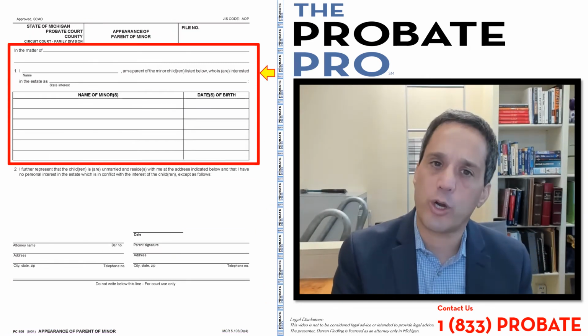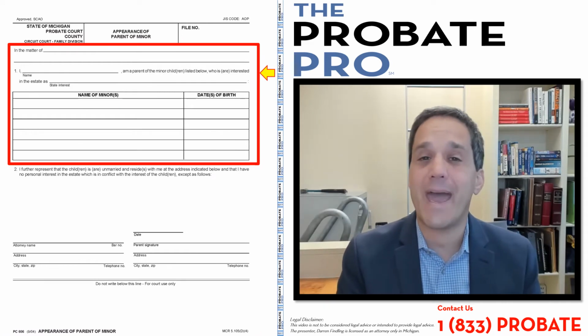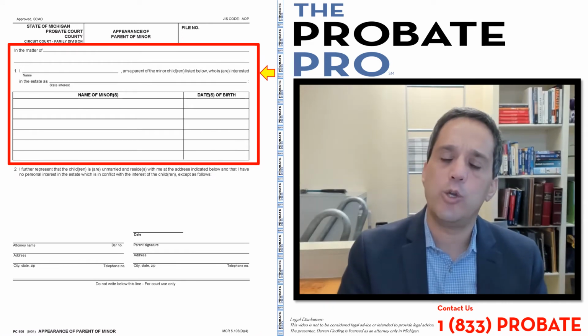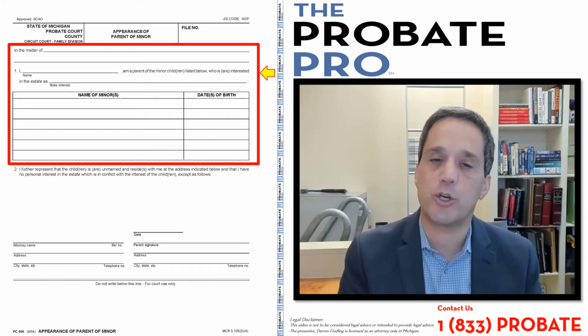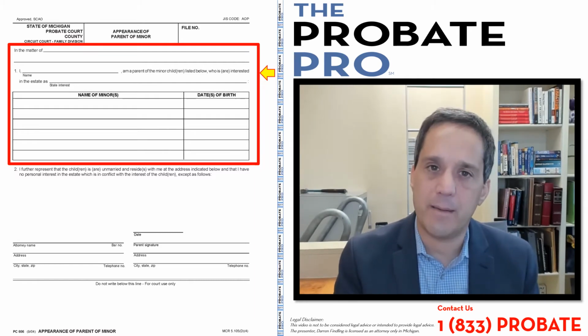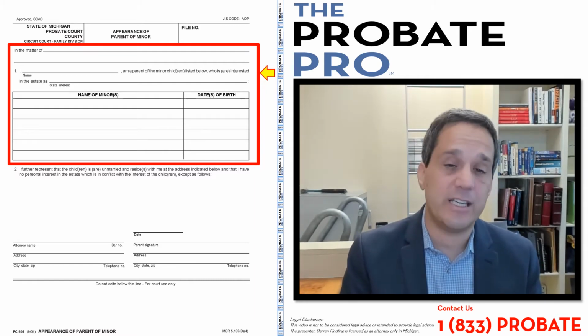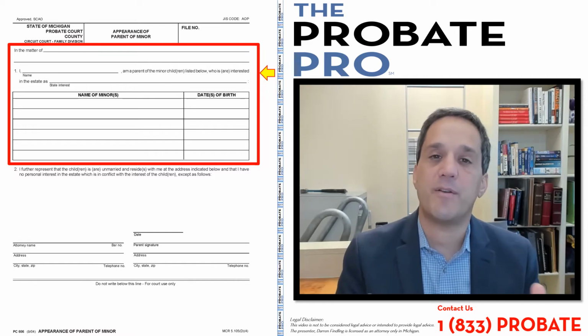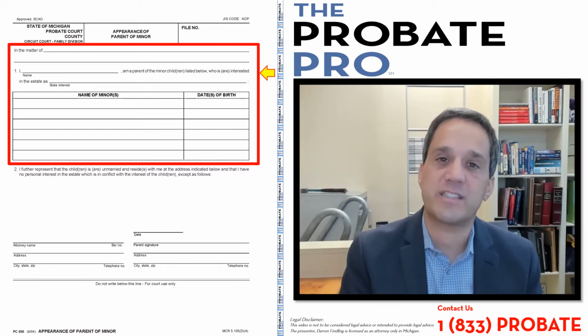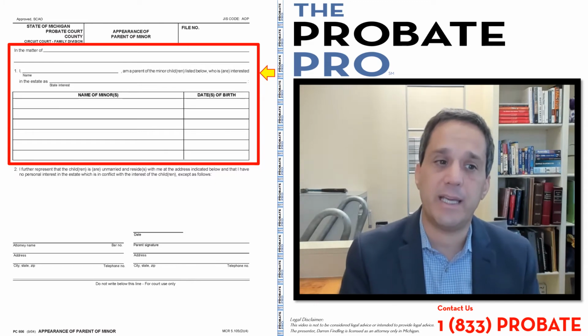As you continue to work your way through the document, in the matter of identifies whether you are identifying a guardianship or conservatorship estate, you'd put the individual's name there. If it's a deceased estate, you'd simply identify the name of the decedent as it's referenced in all of the other probate-related pleadings.